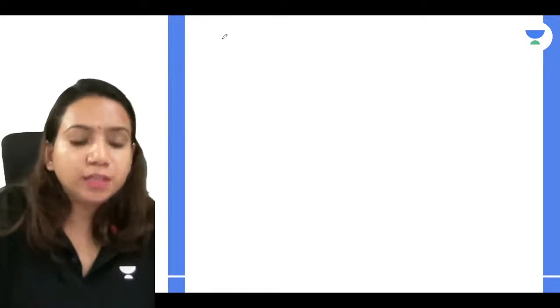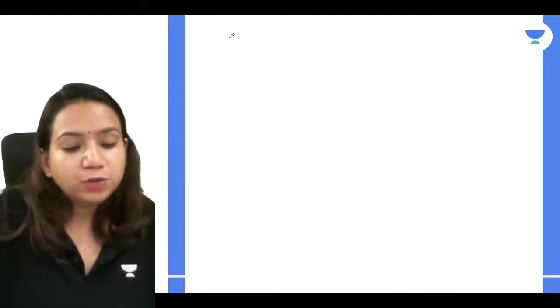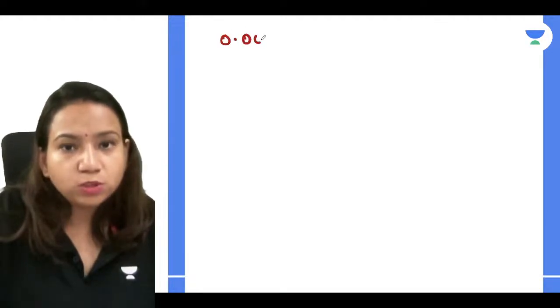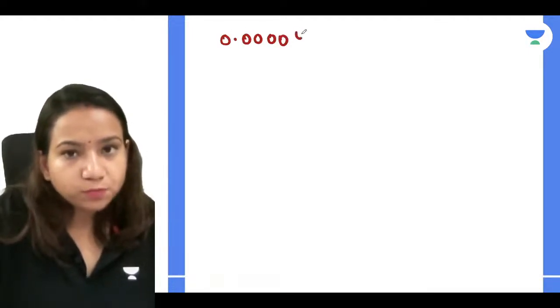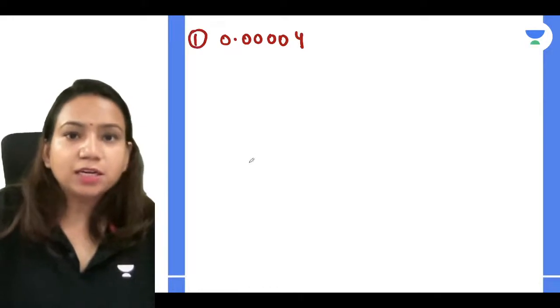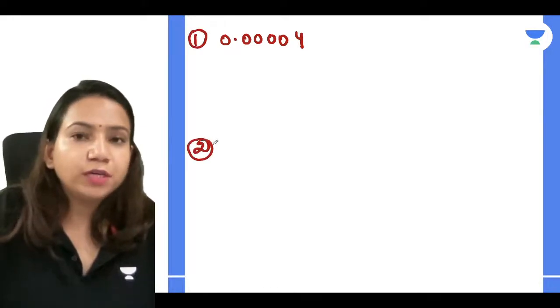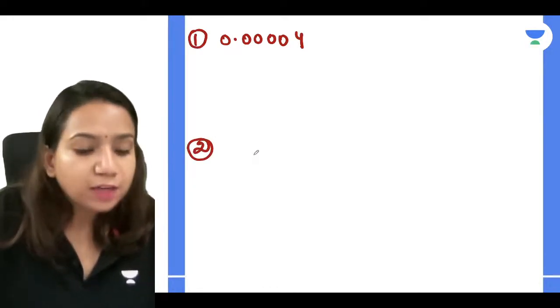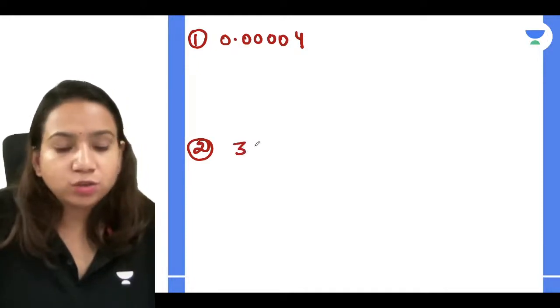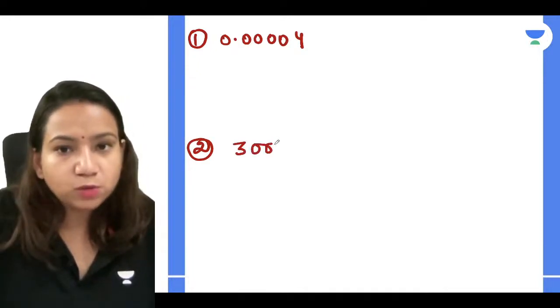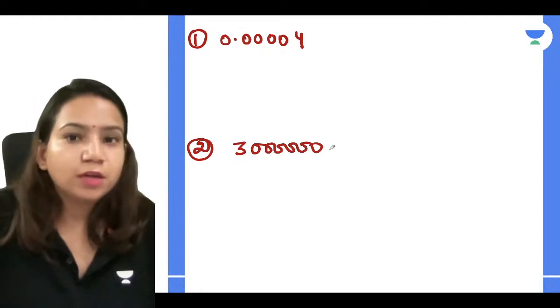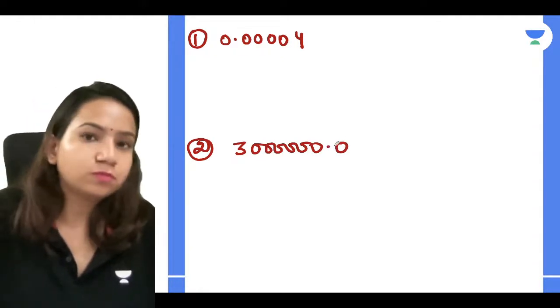Suppose you have this value, 0.00004. One result is this, and another value you can relate is 30000, and then you have 0.0 like that.